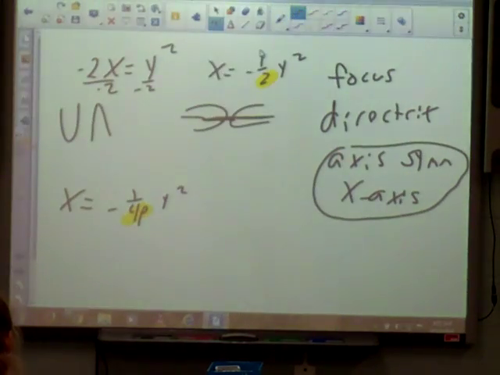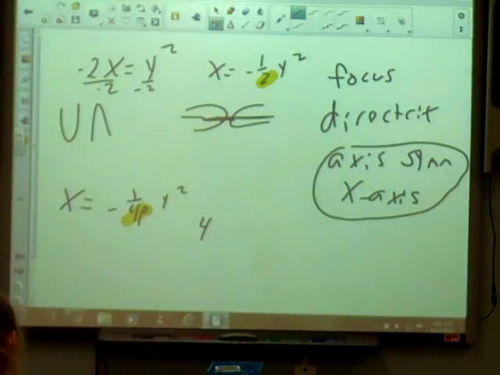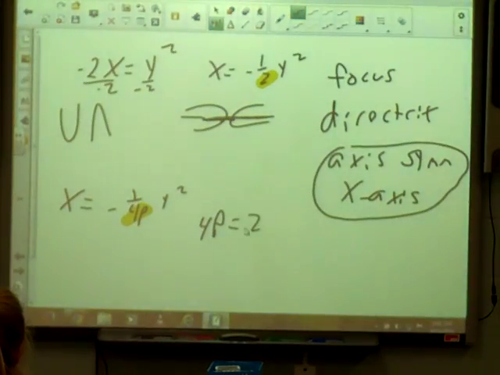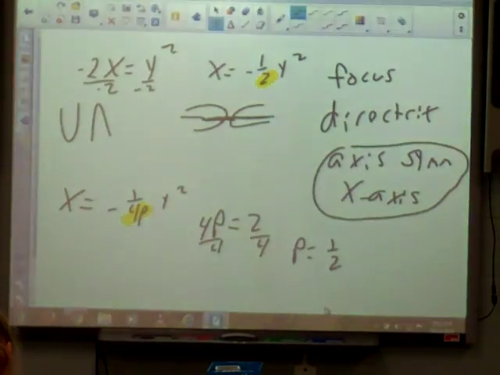So I've got to figure out what p has to be. It's just like a middle school equation. 4p has to equal 2, doesn't it? Because all the rest of that stuff is equal. So 4p has to equal 2, which means my p has to be 1/2. Right? Everybody okay on that?